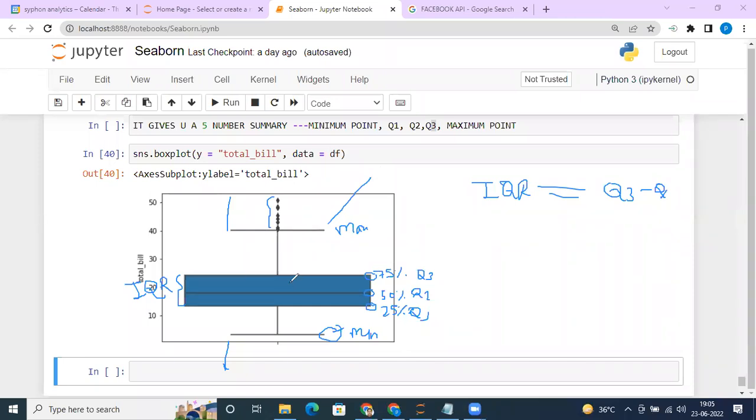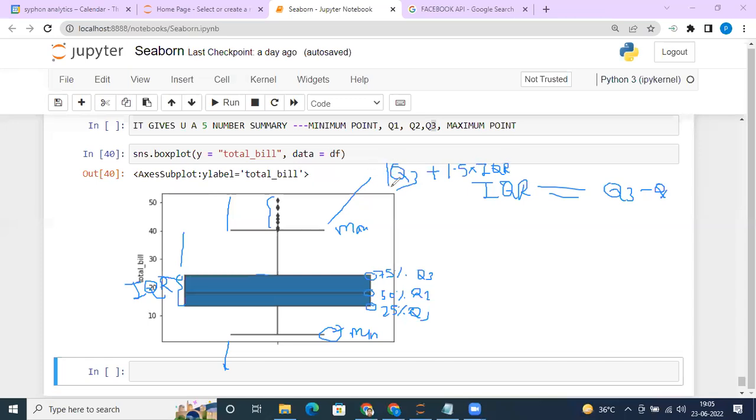What is the maximum value? Let me mention here. Your max value is nothing but Q3, whatever is Q3, example, this is the value of Q3, plus, we are going upside now, so we'll add 1.5 times IQR, multiply by IQR like this.